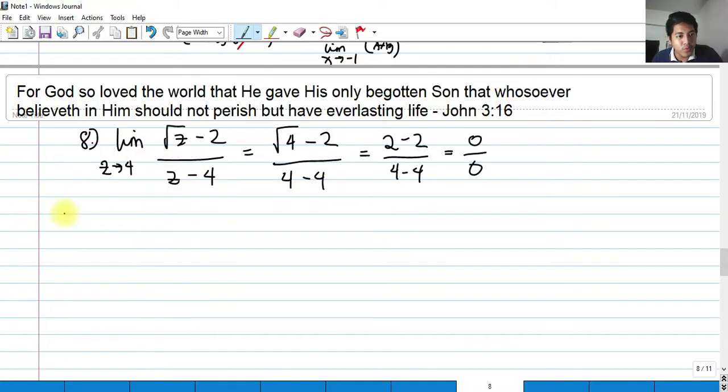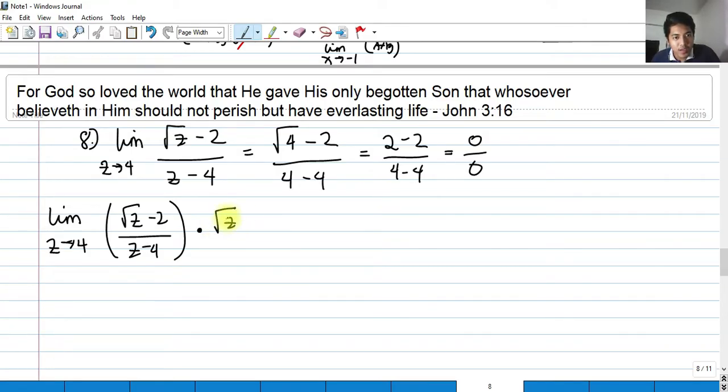We are going to multiply the function, the square root of z minus 2 over z minus 4, by the conjugate of the numerator: the square root of z plus 2 over the square root of z plus 2, where we simply change the sign.